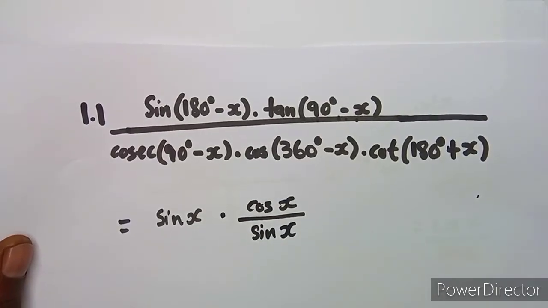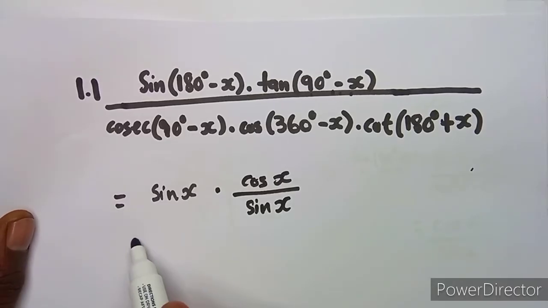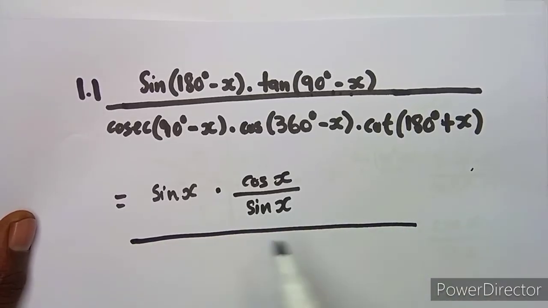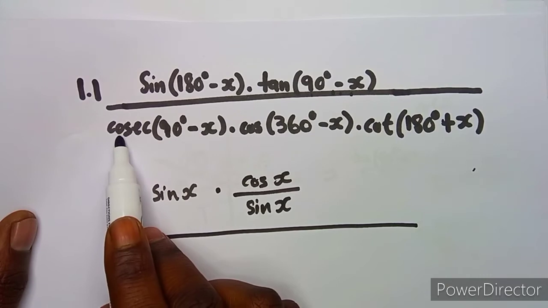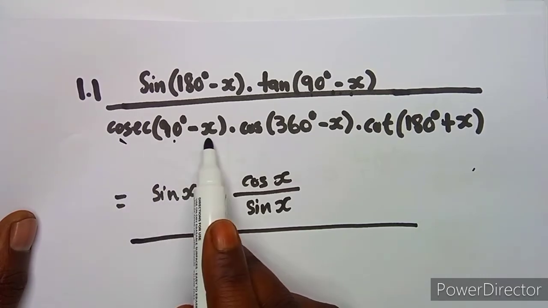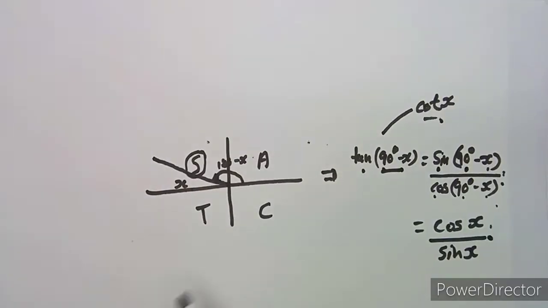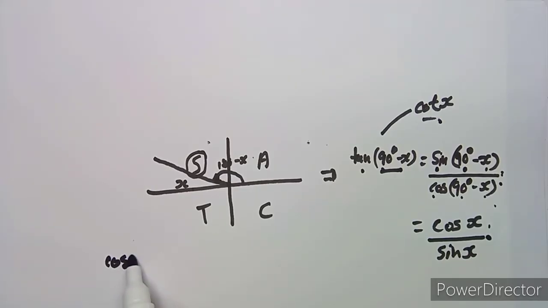Make sure that the working is done properly, guys. All right, everything over cosec 90 minus x. You're supposed to do the working aside.